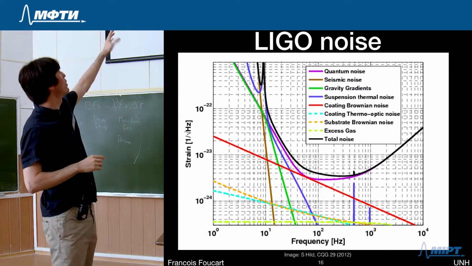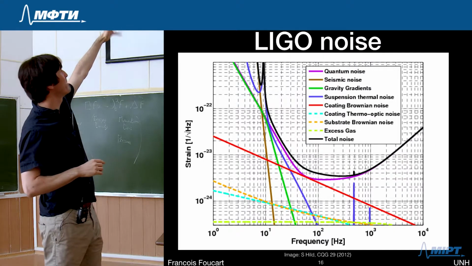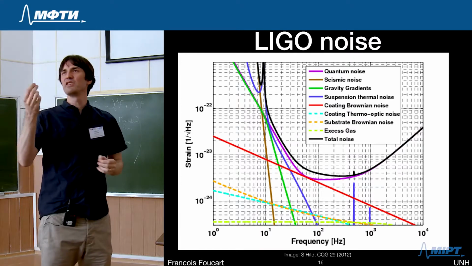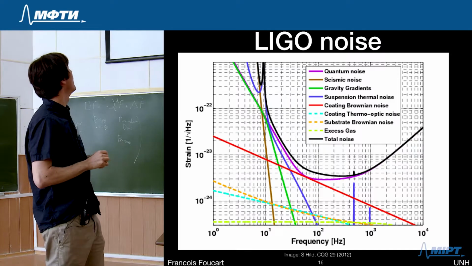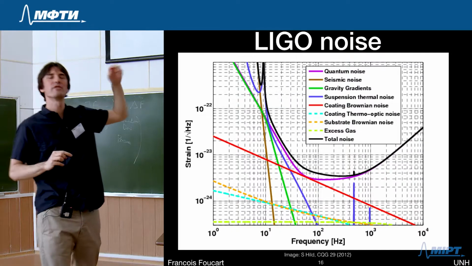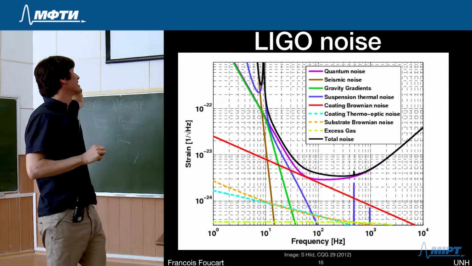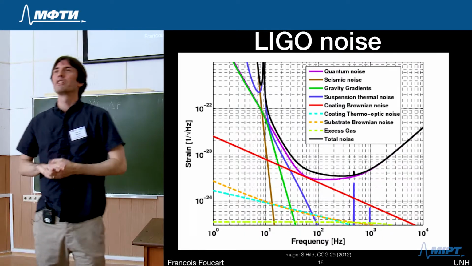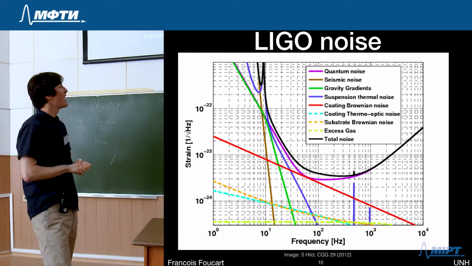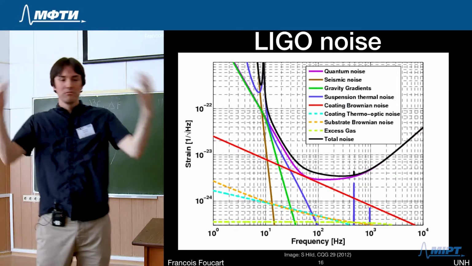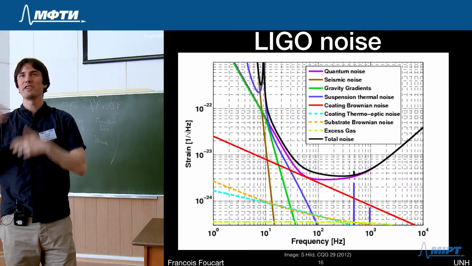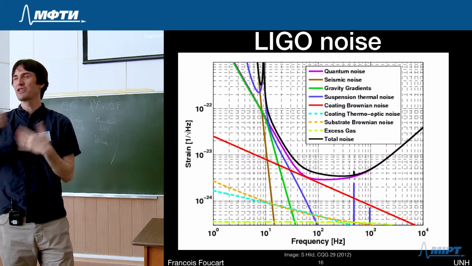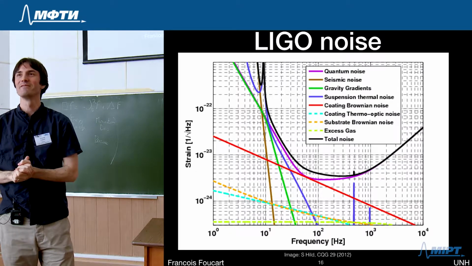Then there's a very short region between 10 and 20 Hertz where you expect to be limited by dissipation in the suspension for those pendulums, and also by the green curve, which is interesting. It's gravity gradients. What gravity gradients are is that as matter in the Earth moves around due to seismic motion, the gravitational potential of the Earth changes, and that actually affects the test masses.